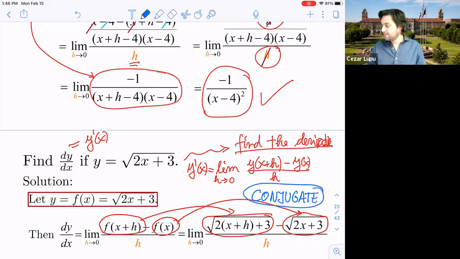Anyway, that's what we need to do. And once we multiply by the conjugate, and then do the algebra, we'll continue with this next time. You will see that we will obtain the derivative of this.